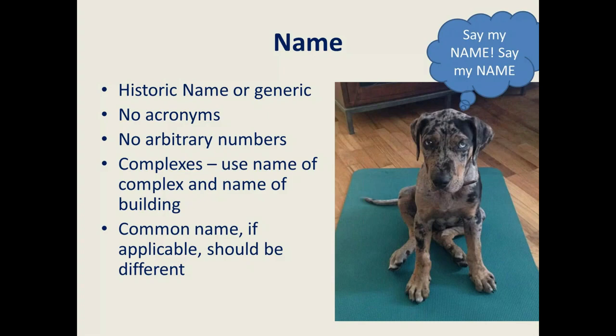That's fine. For complexes that do have an identifiable name, you can use the name of the complex and the name of the building. So the name of the complex hyphen the name of the building. So it could say Gant Farmstead / barn, or Joint Base Lewis McChord / building 27. So we know exactly what we are getting when we look at that form.